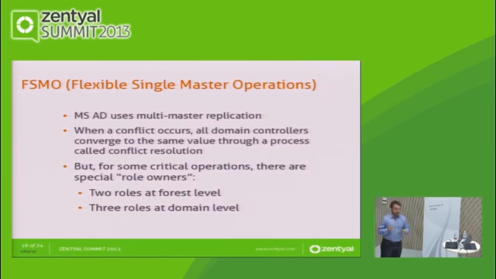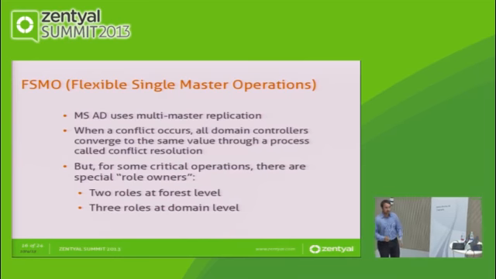There are some roles in Active Directory that are assigned to one and only one domain controller. Active Directory uses the multi-master replication model, but still there are operations that must be performed by only one domain controller, are critical operations. There are 2 roles at forest level and 3 roles at domain level.